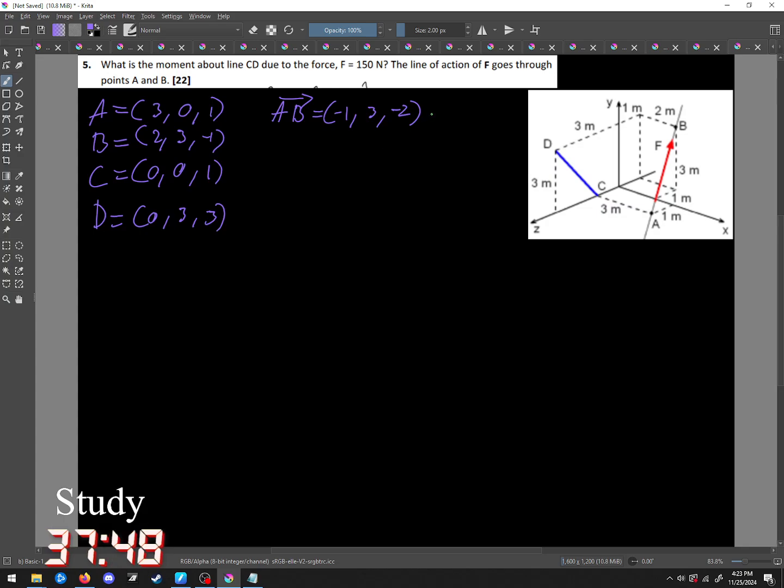And then we want magnitude of AB, which is going to be the square root of 1 squared plus 3 squared plus 1 squared. Oh gosh. What is even that?